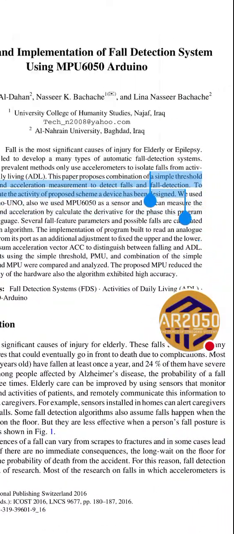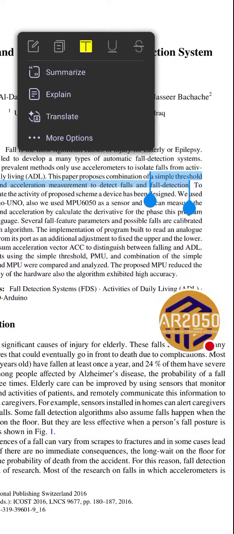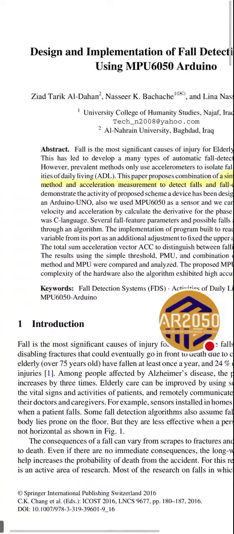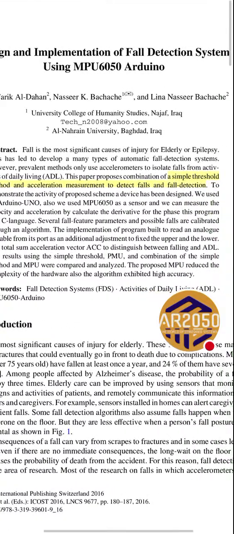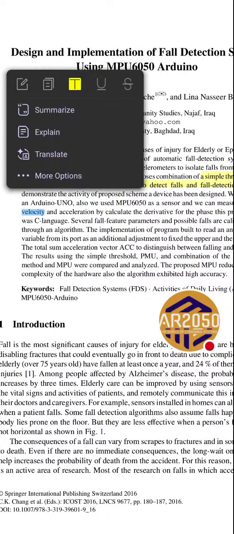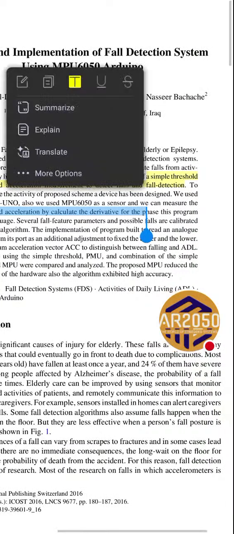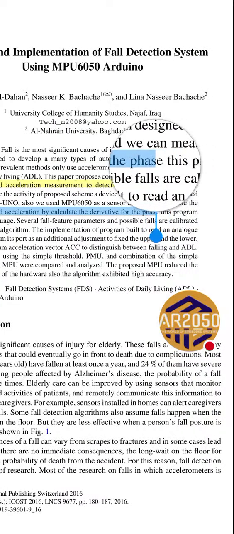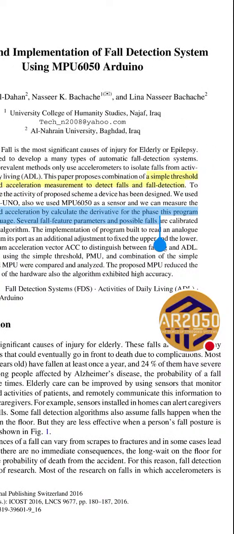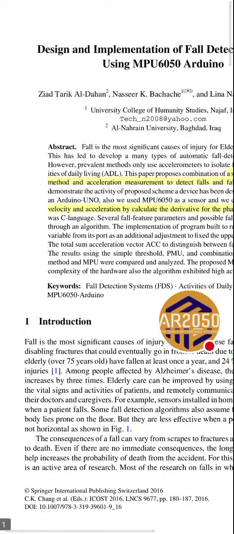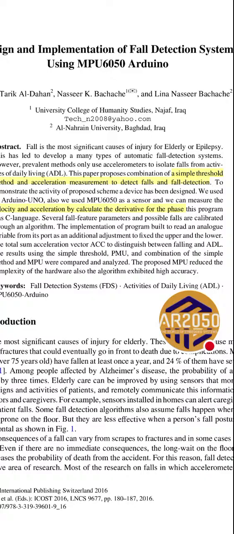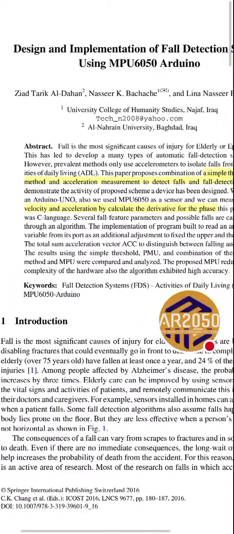Okay, so the first thing we need to highlight is this one, and then to demonstrate the activity of the proposed scheme, we can measure the velocity and acceleration by calculating the derivative of the phase. So this program was dealing with several fall feature parameters. Falls are calibrated through the algorithm.